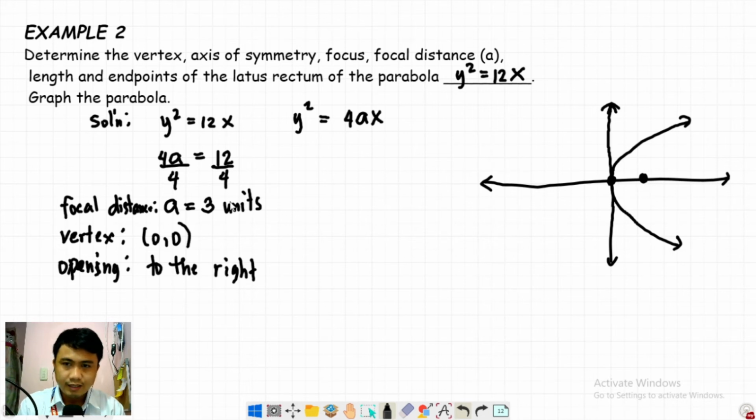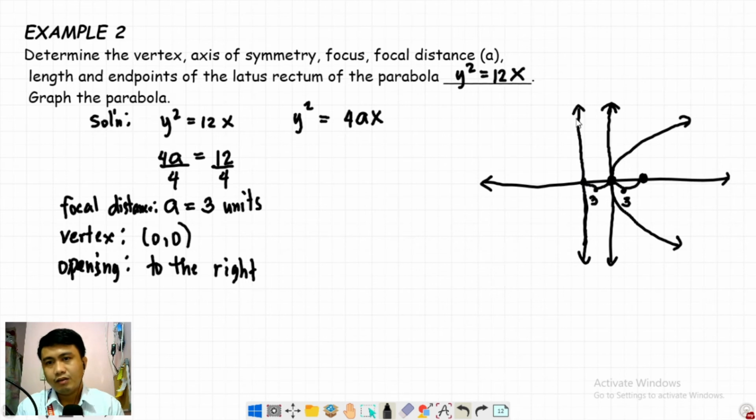Ating focal distance is 3 unit. 3 unit yan. So, meron tayo ditong another part ng parabola, another 3 units, which is yung tinatawag nating directrix, no? Directrix. Vertical line.